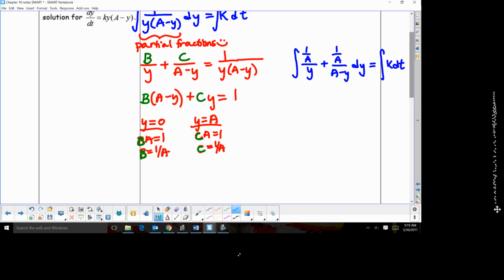What can I do with that 1 over a to make my life a little bit easier? Take it out in front of the integral, because it's just a number. Good?